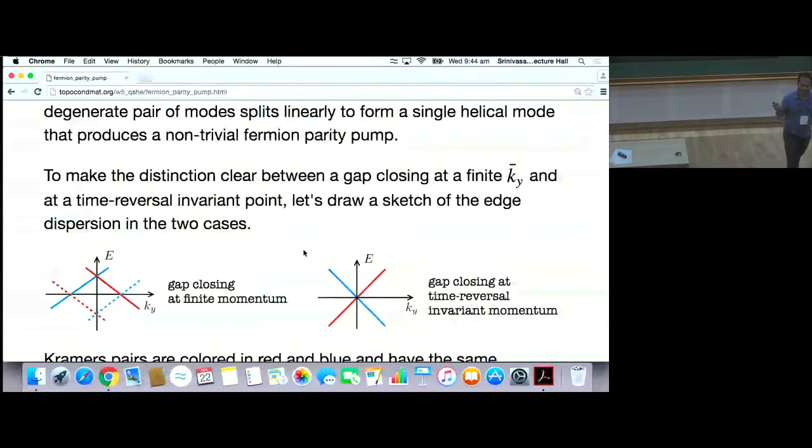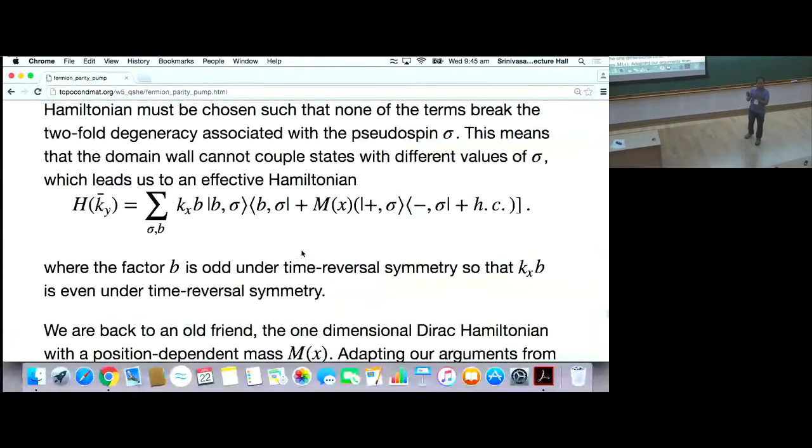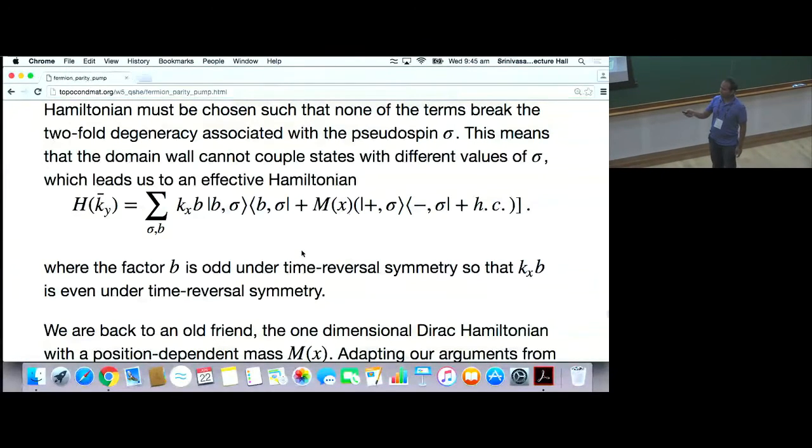So ky is a good quantum number and is fixed, and now I have a momentum kx and an m of x. This should remind you of the one-dimensional Dirac equation that we solved before for the Majorana case.